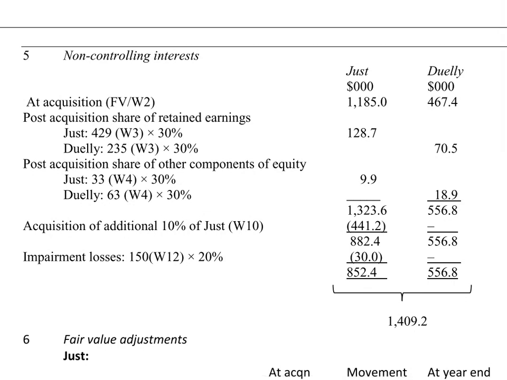In your exam, if you have 2 subsidiaries, sometimes treating them side by side is very difficult. One itself is very difficult. So you can treat subsidiary number 1 here, subsidiary number 2 here. If you are okay, then you can treat side by side. As usual, take 30%, 30%, 30% for retained.